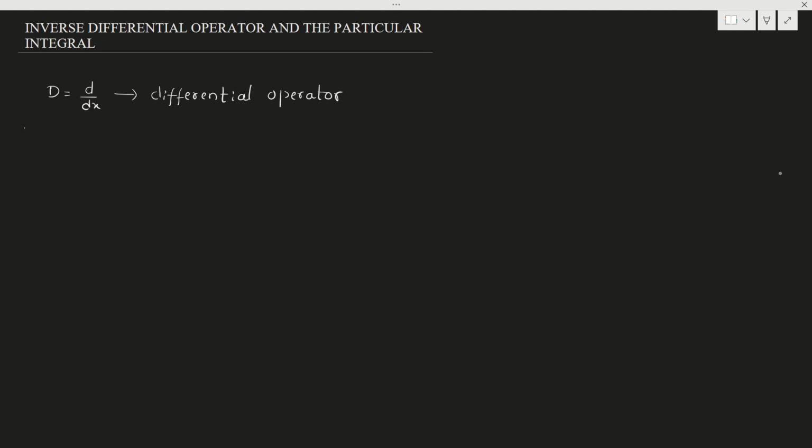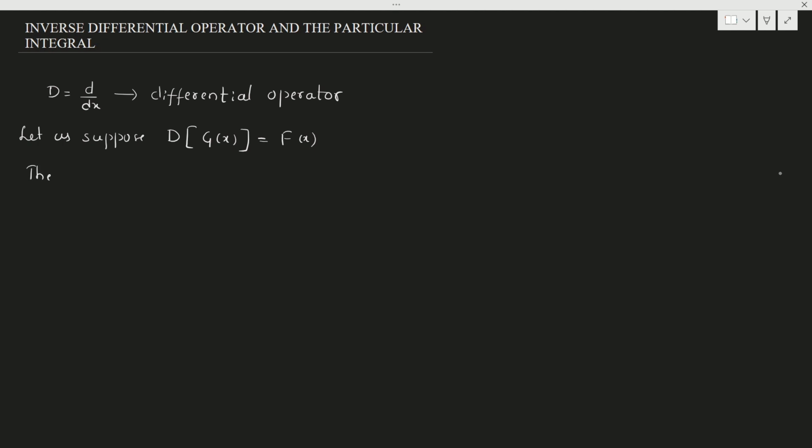Inverse means what? Let us suppose you have an equation of general form: D of g of x, the differential operator on some function g of x, is equal to some f of x.